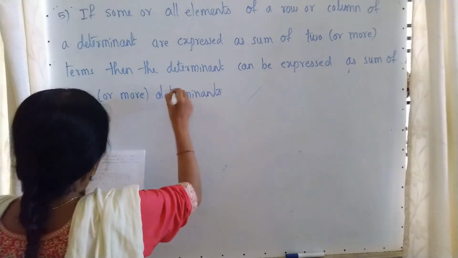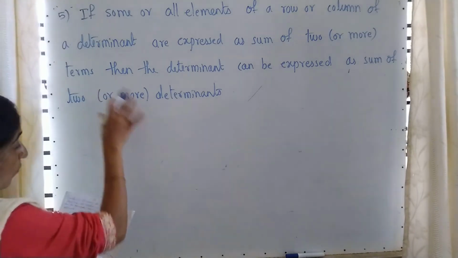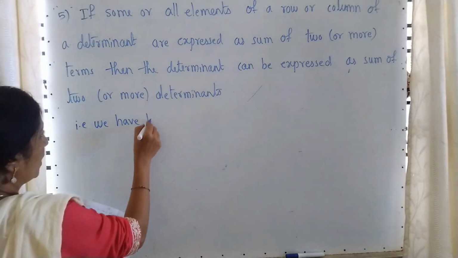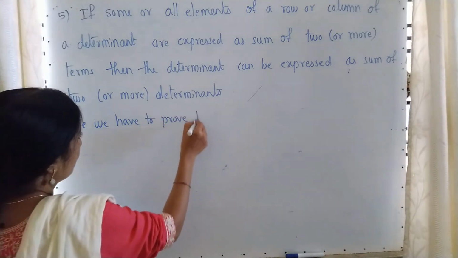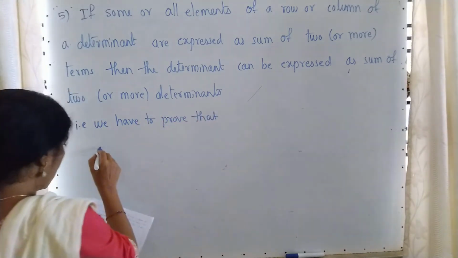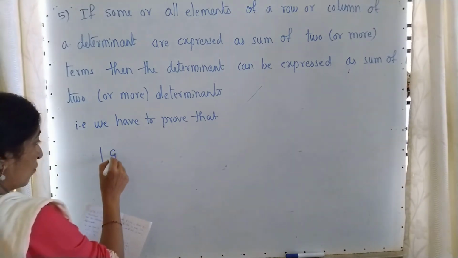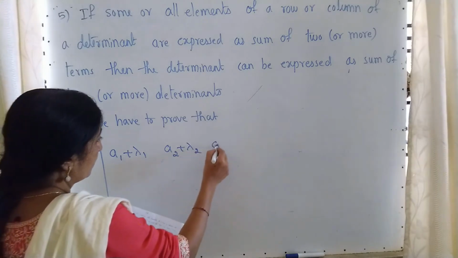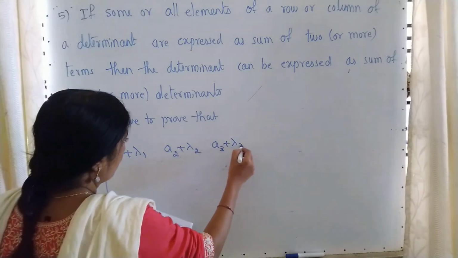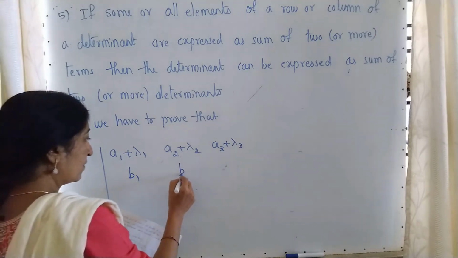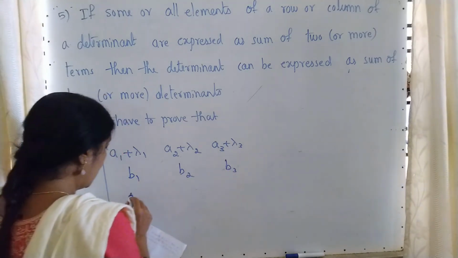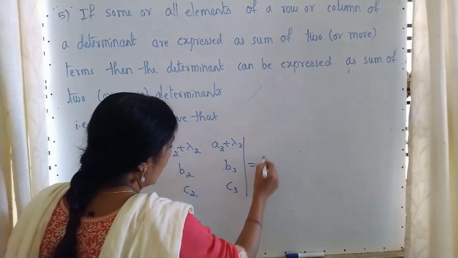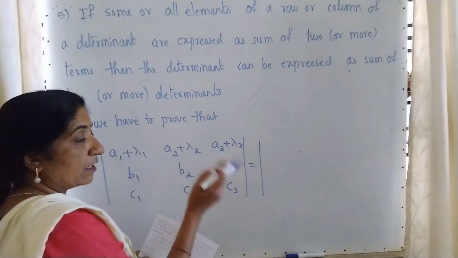See, the whole concept I am explaining in the form of equations. That is, we have to prove that. See here, the first row I am expressing as a sum of two terms. The other rows are B1, B2, B3, C1, C2, C3. This we have to split as sum of two determinants.